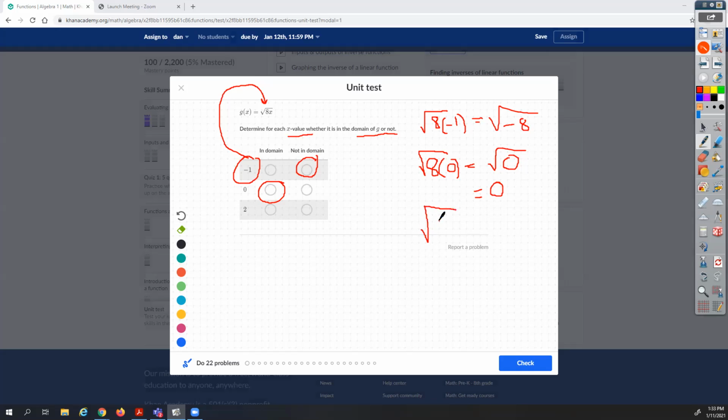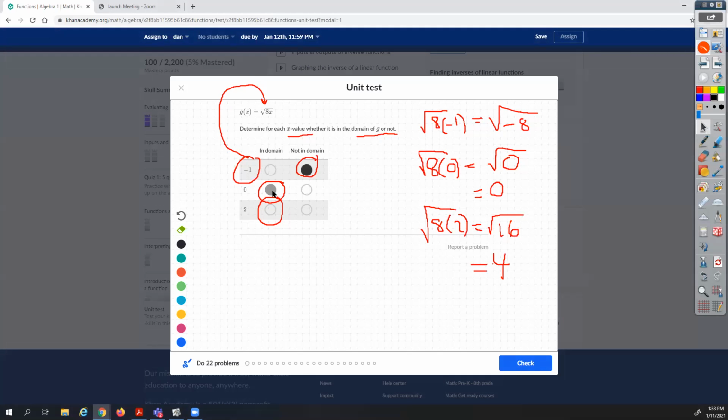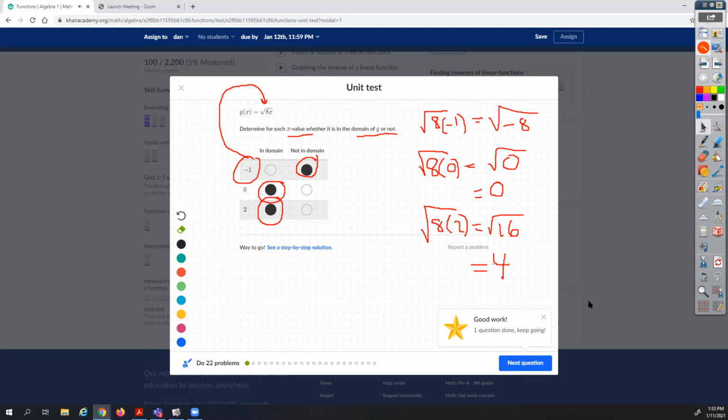This will be 8 times 2, which just gives you square root of 16. And we can take the square root of 16, which is just 4. So the second one is also in the domain. So my answer for this one is going to be not in the domain, in the domain, in the domain, and check your work, and then we'll get it correct.